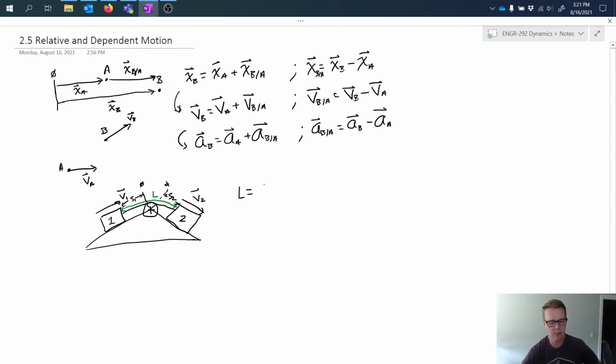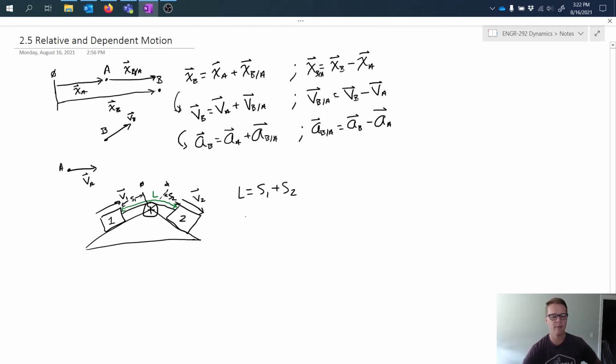Then this length is equal to S1 plus S2, and there's some little bit of rope in between here, which never changes length. It's within these two datum lines that I've drawn for the pulley. So let's just ignore that for now.